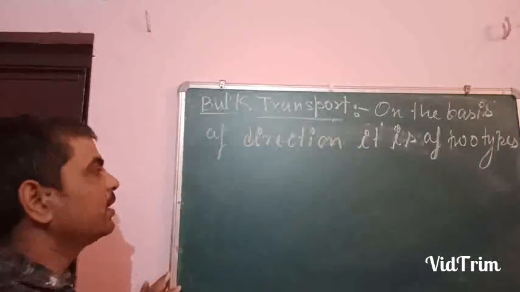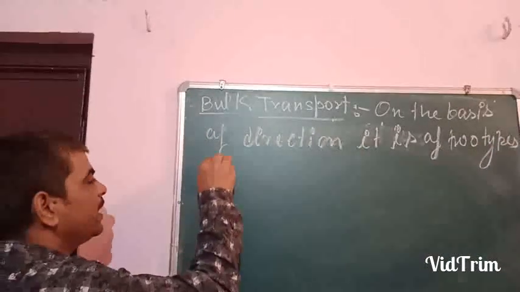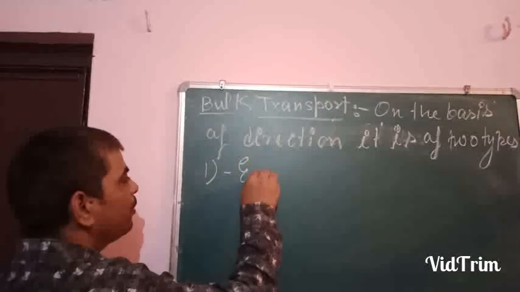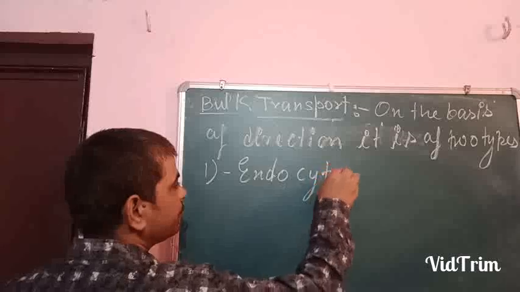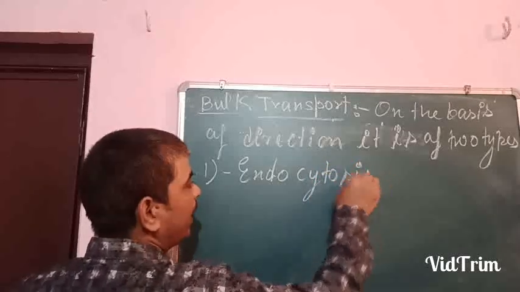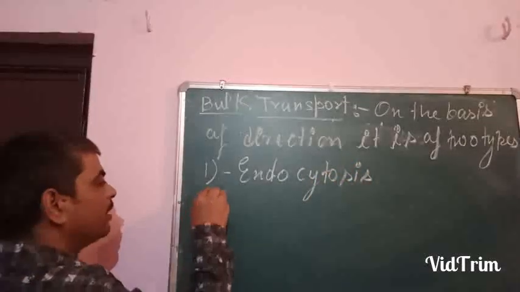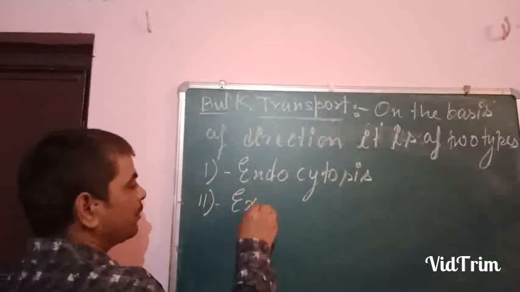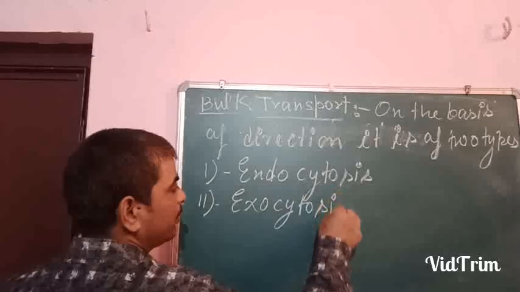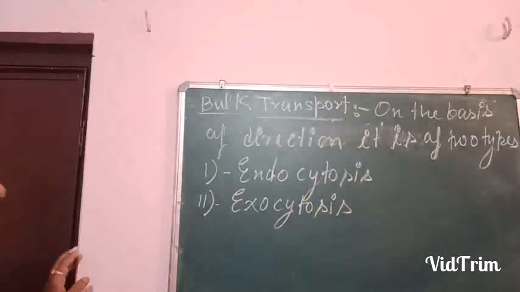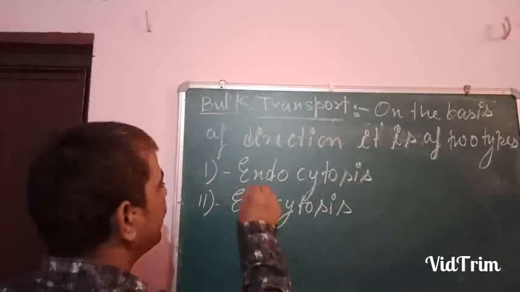Okay, what are those two types? One is called endocytosis and another is called exocytosis. Okay, now you can easily clarify the direction.